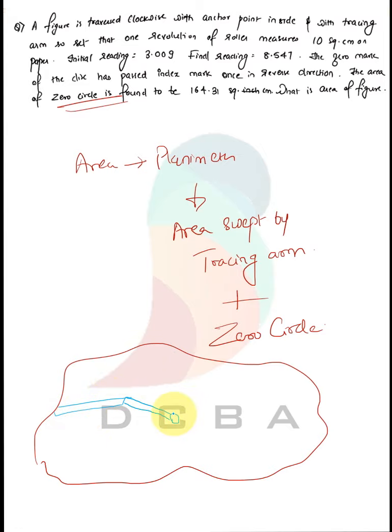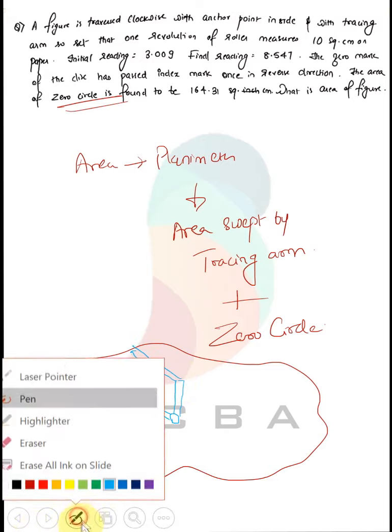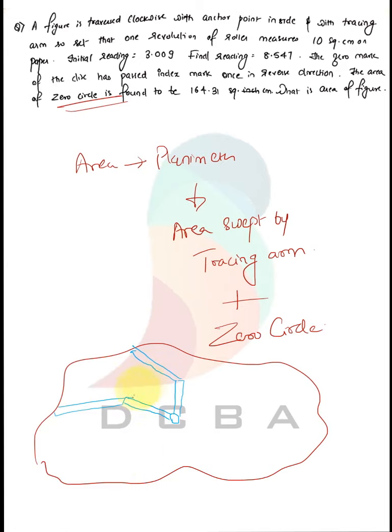When this moves here this way, when it is moving like this, then the area that is traced by planimeter is this much area, right? And this area of zero circle we are adding separately, but what planimeter is giving us is the area swept by the tracing arm.